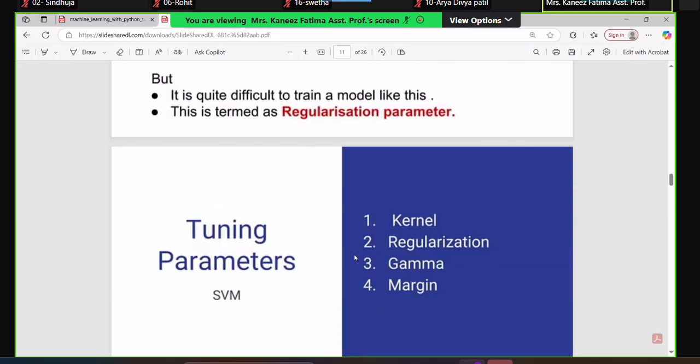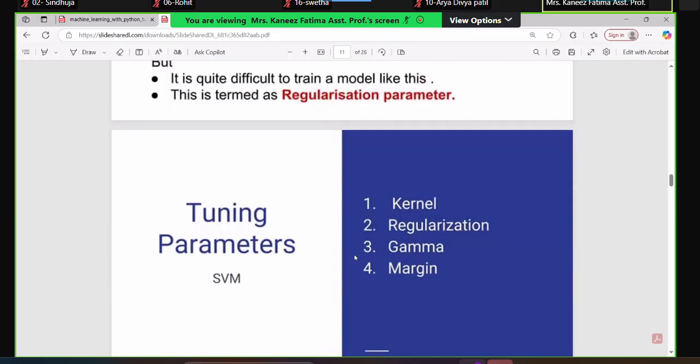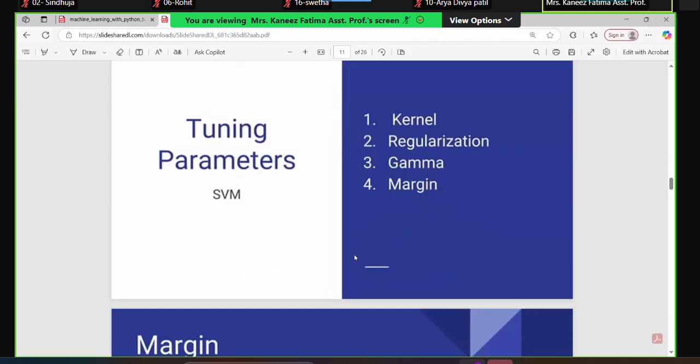The tuning parameters in SVM are kernel, regularization, gamma, and margin. These parameters are used to move from linear to nonlinear data and back to linear data, with fewer outliers, that is, a smaller margin.